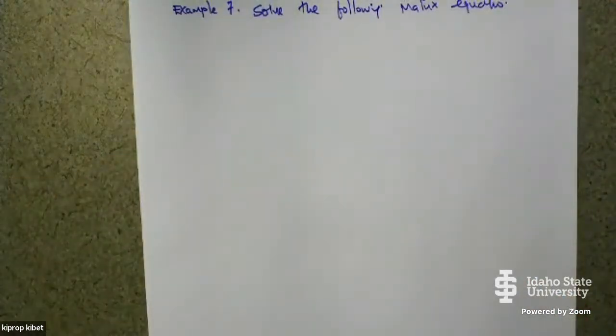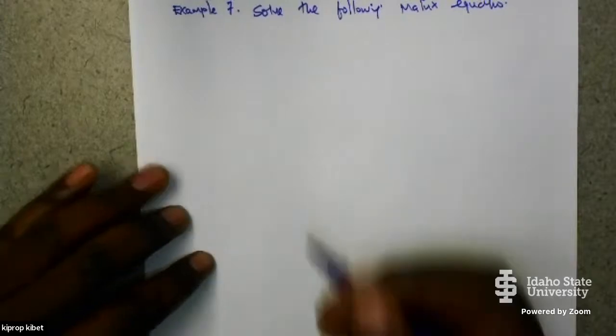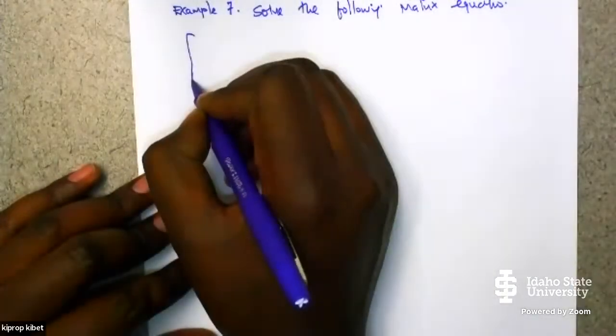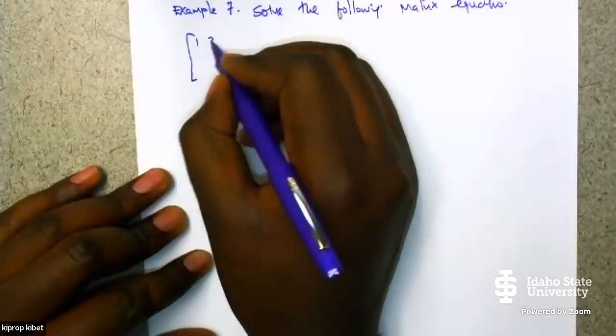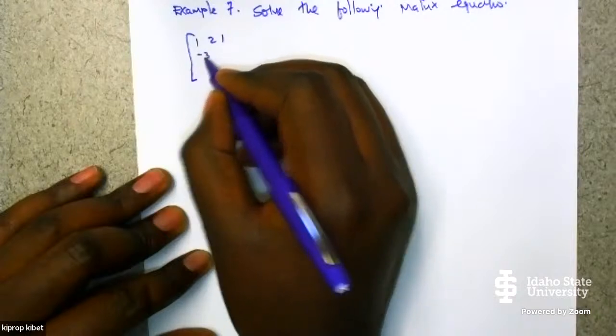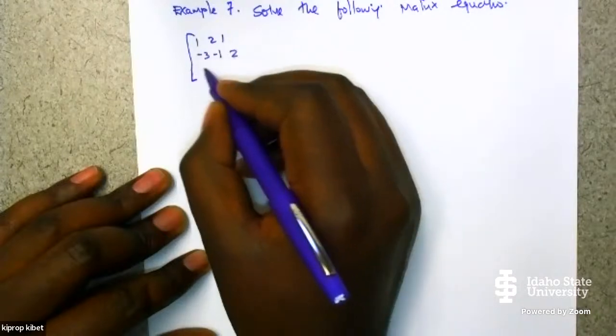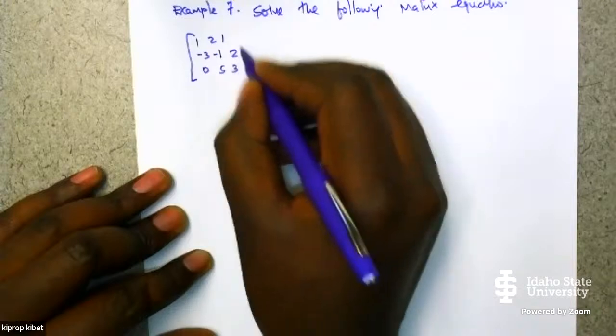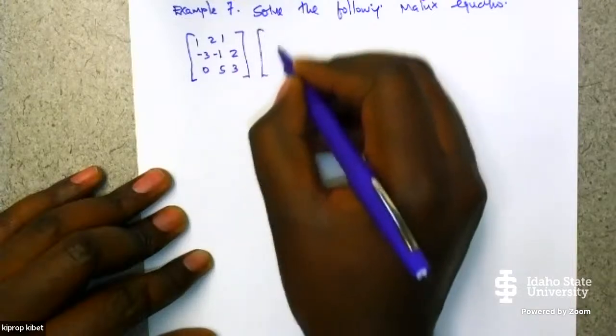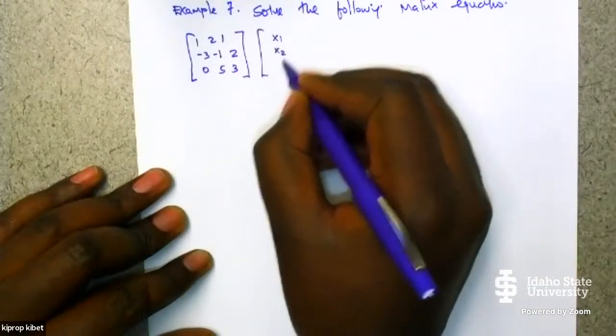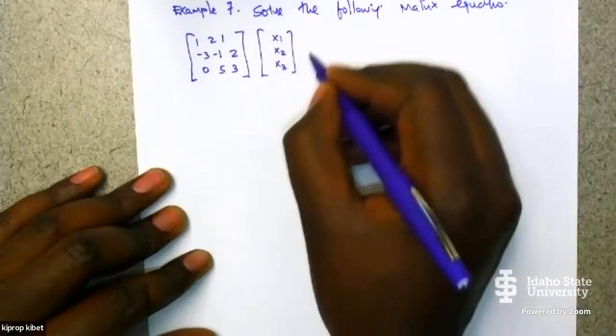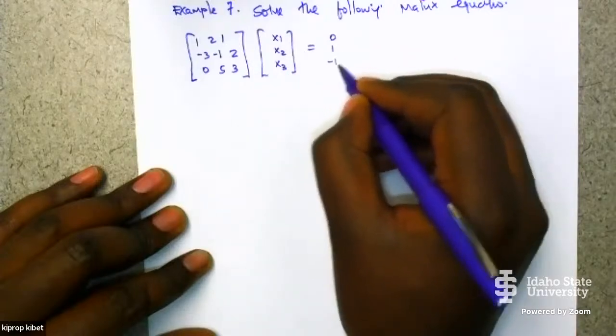We want to get the solution vector, which is S. We have the matrix equation with rows 1, 2, 1; -3, -1, 2; 0, 5, 3, times x1, x2, x3, equals 0, 1, -1.